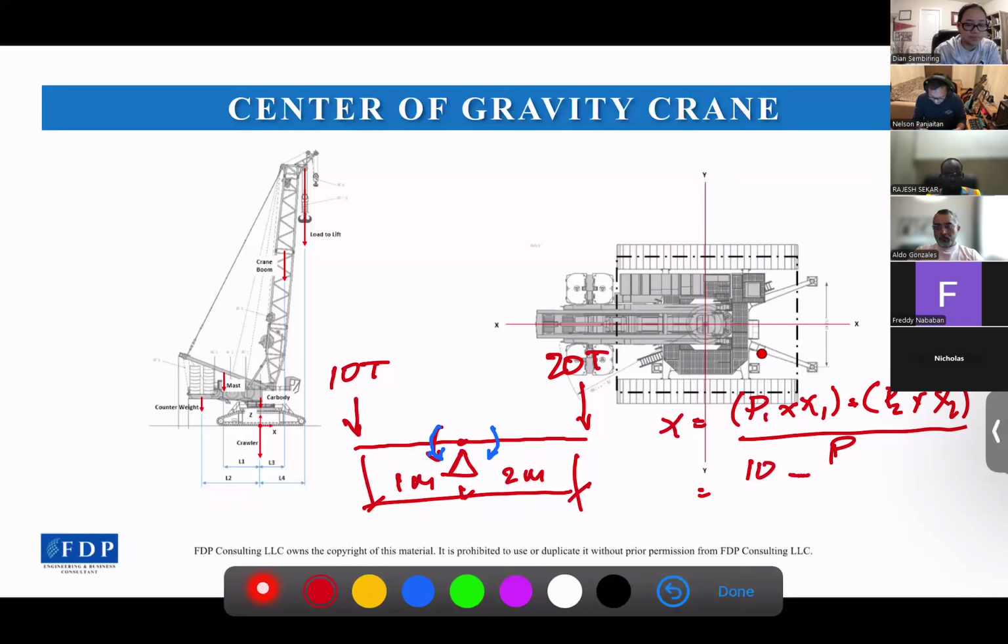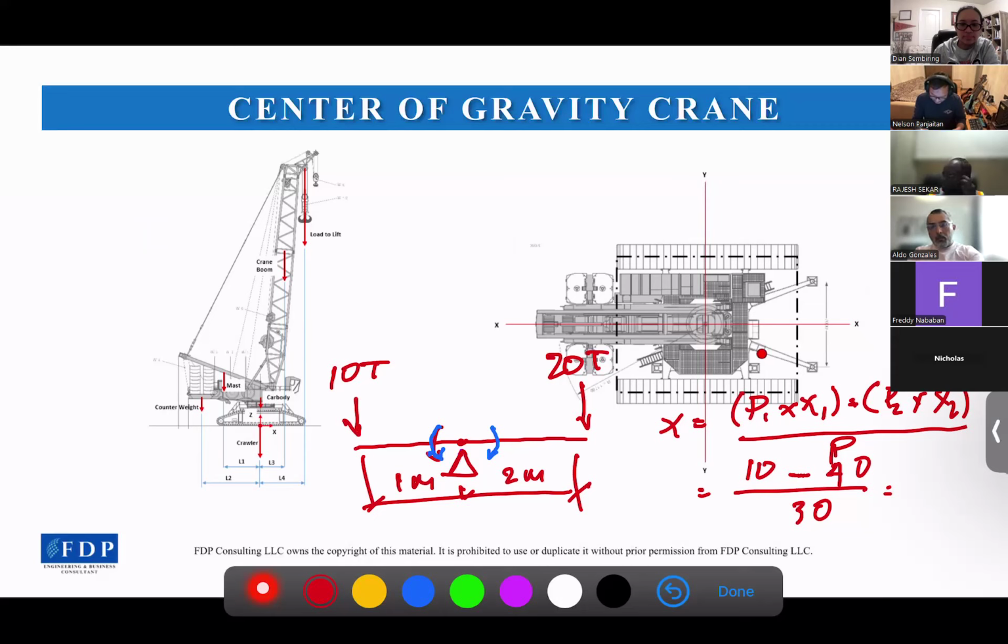Minus 20 times 2 meters is 40. 10 minus 40 is equal to minus 30, divided by the total load of 30.